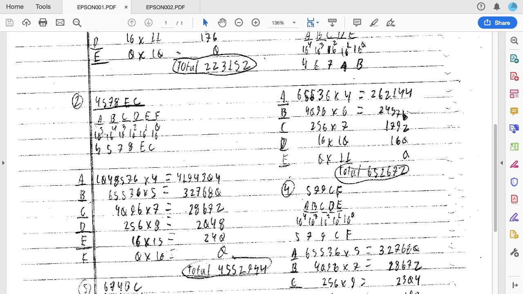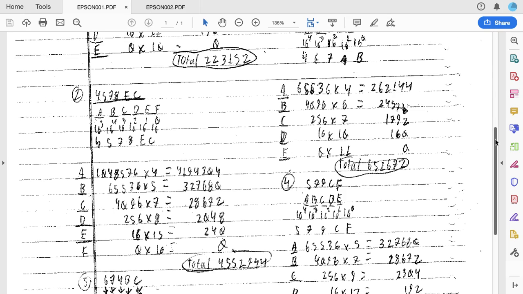Every exponent is put with a corresponding character. 16 to the 5th power is the 4, 16 to the 4th power is the 5, and so on and so forth. You take the exponent, multiply it by its corresponding character, and record the results. You keep on going down the line until you get right to the end. Once you have everything solved, you add it up, you get the answer.